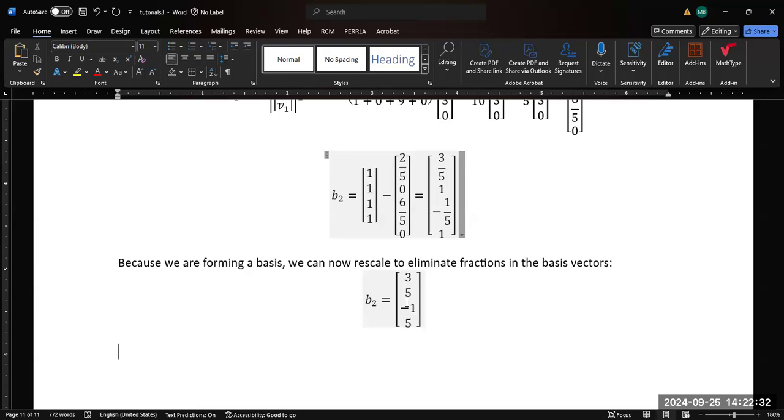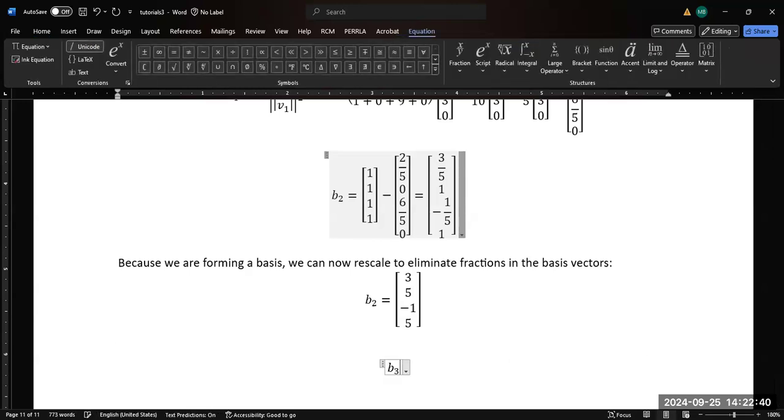And now we need to apply the same process, but with two basis vectors, to the third vector. So now B3 is going to be V3 minus the projection onto B1 of V3 and minus the projection onto B2 of V3.